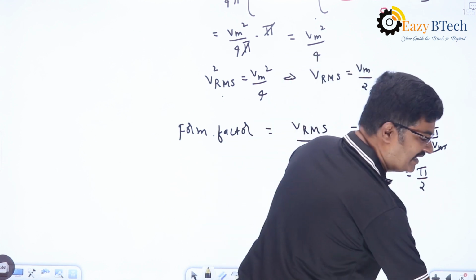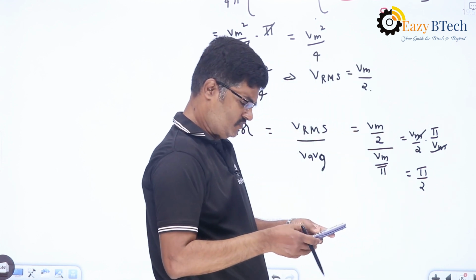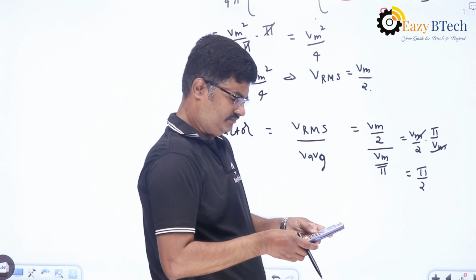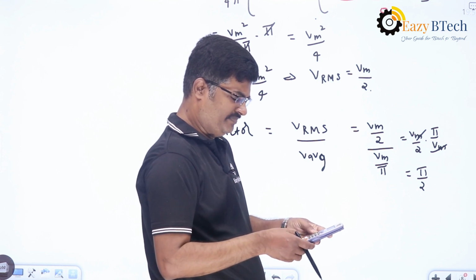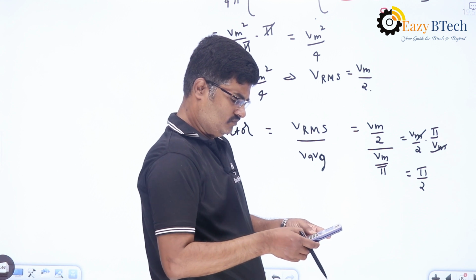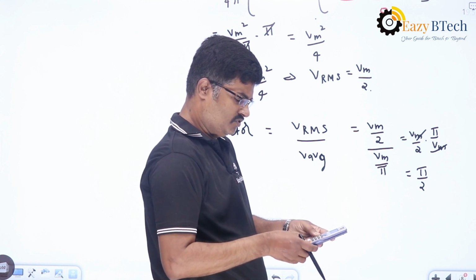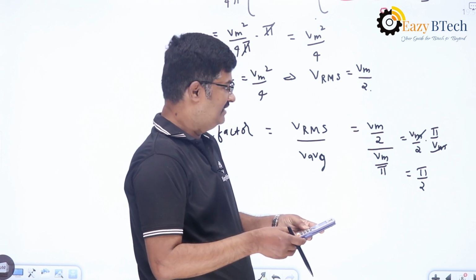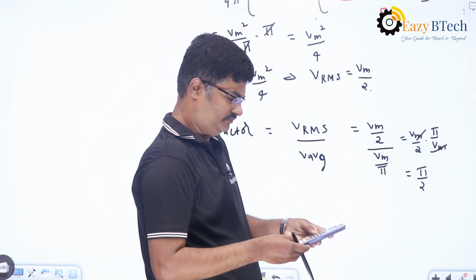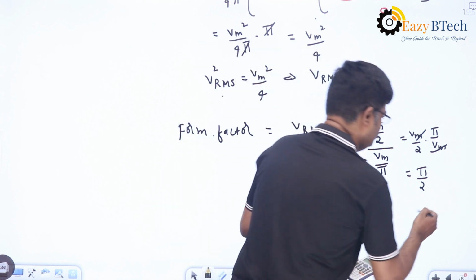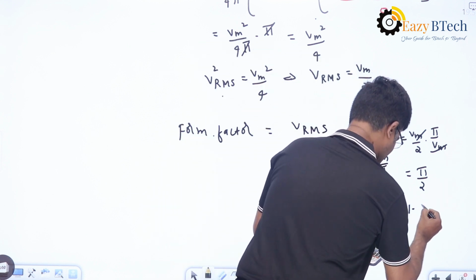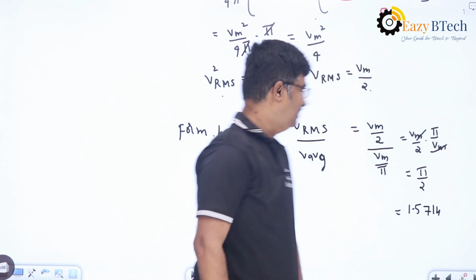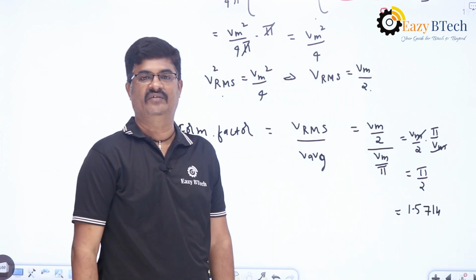If I am taking the pi value as 3.14, or which is nothing but simply 22 divided by 7, which is 3.14, divided by 2, so here I am getting 1.5714. This is the total form factor of the half rectified sine wave.